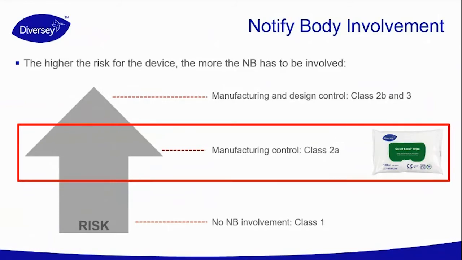That means that the manufacturer is audited by a notified body at least every year, as a minimum. For example, a cleaner disinfectant of non-invasive medical devices, such as Oxivir wipes, is a medical device class 2A. And then we have higher medical device classes, such as class 2B or 3. Class 3 has the highest risk of the device, and it can, for example, be a pacemaker.